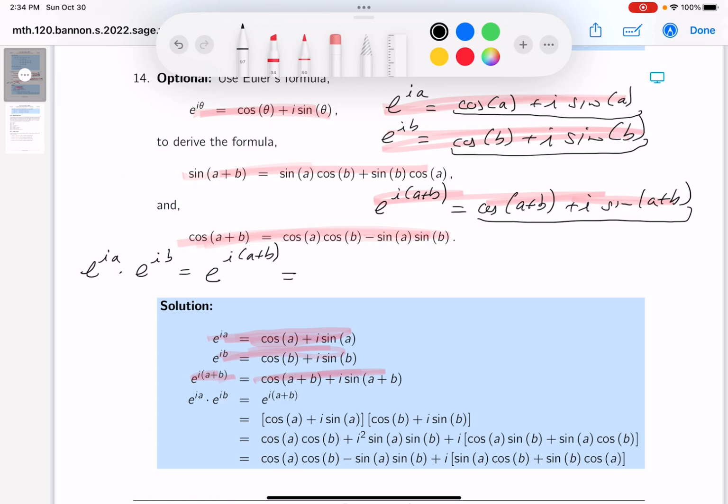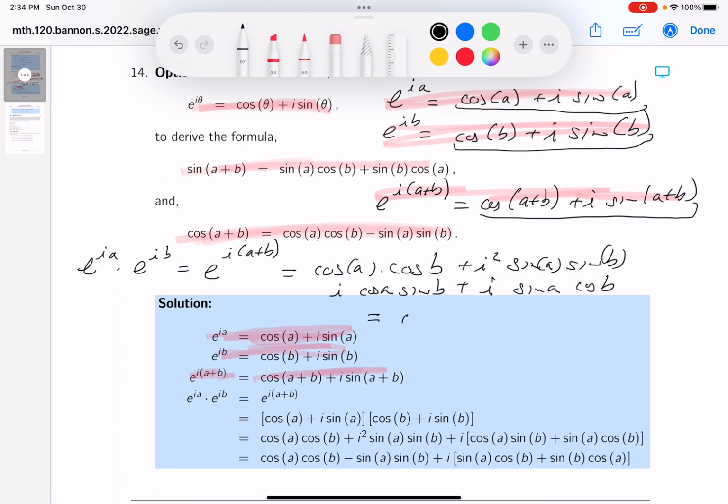And you're going to get cosine A times cosine B. And then you're going to get, let's see, plus i squared sine A sine B. All right, then you get these internal terms, which is going to be i cosine A sine B. Another term with an i in it, and that's going to be sine A cosine B. And one thing I noticed right away is that the i squared is minus 1. And that's going to be minus sine A sine B.